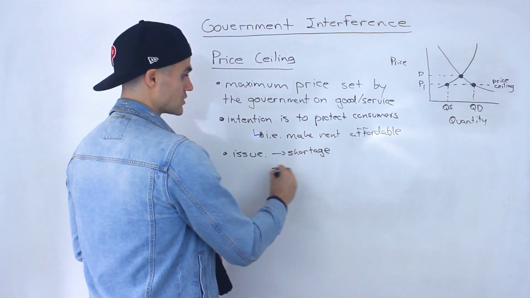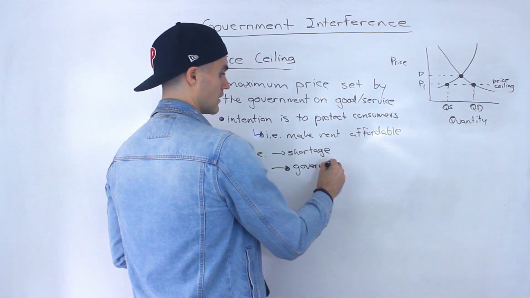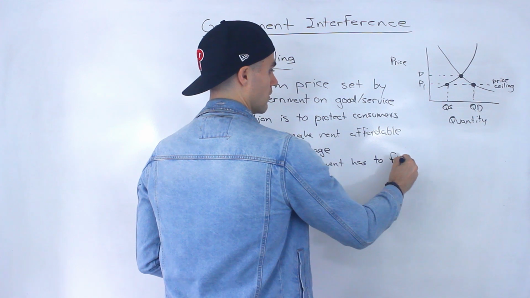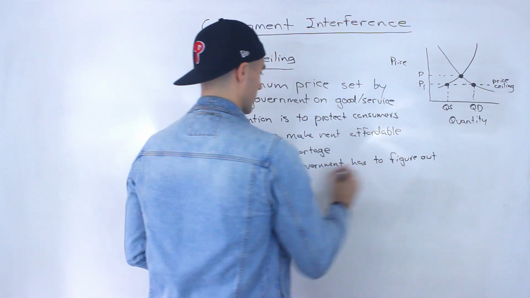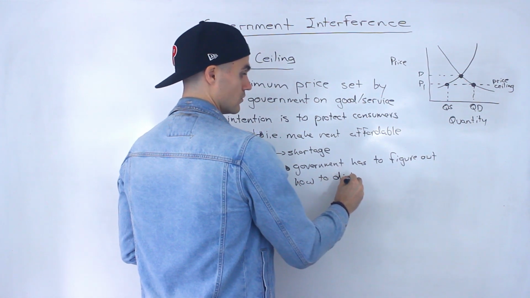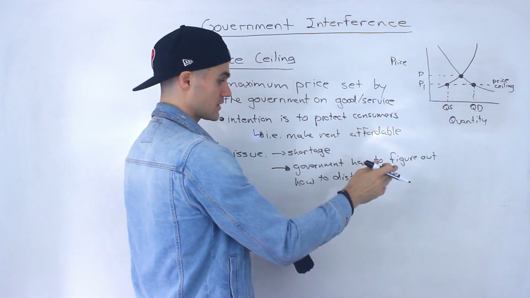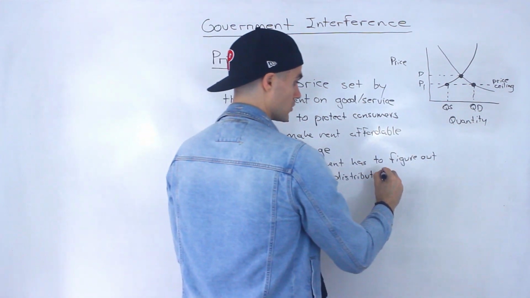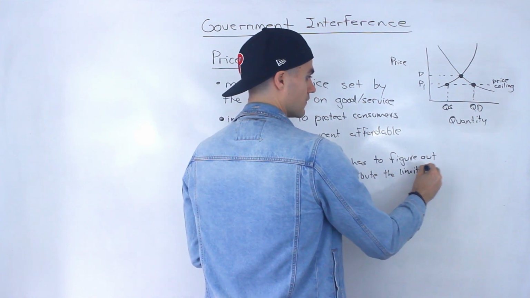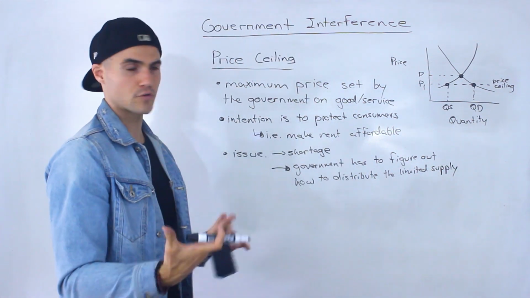And so now the issue is the government has to figure out how to distribute that limited supply to the consumers. So how would they distribute it? Would it be a first come, first serve basis?